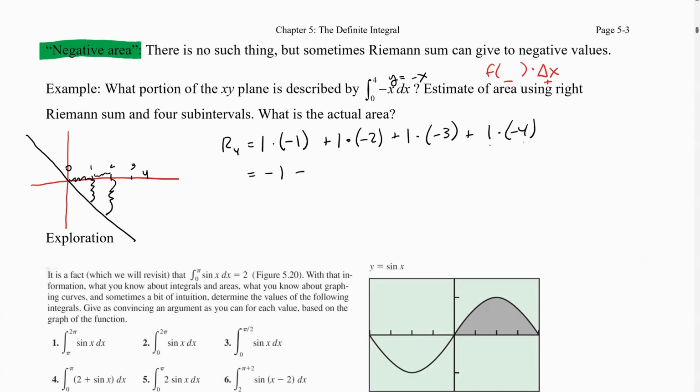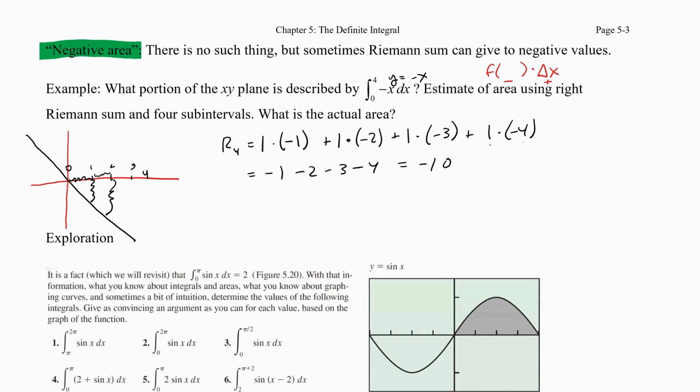So now I've got -1, -2, -3, -4. I get -10. And that is going to be what we say is the value of that integral, or at least an estimate of that integral.